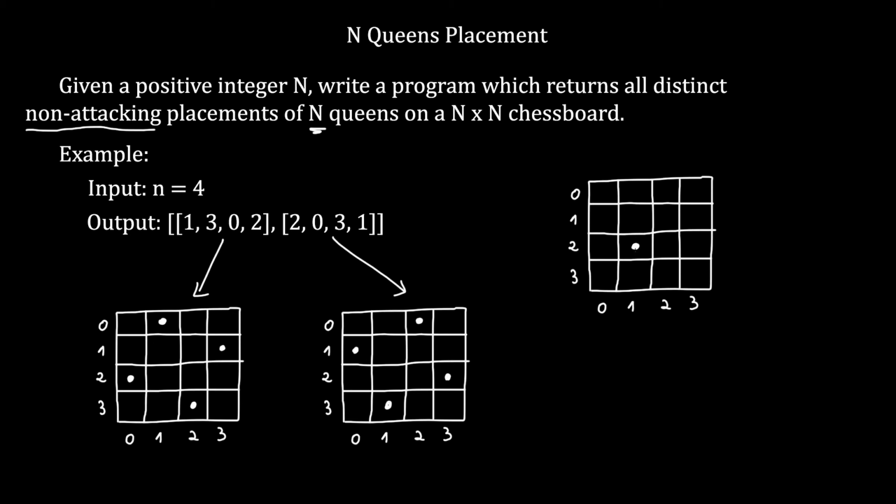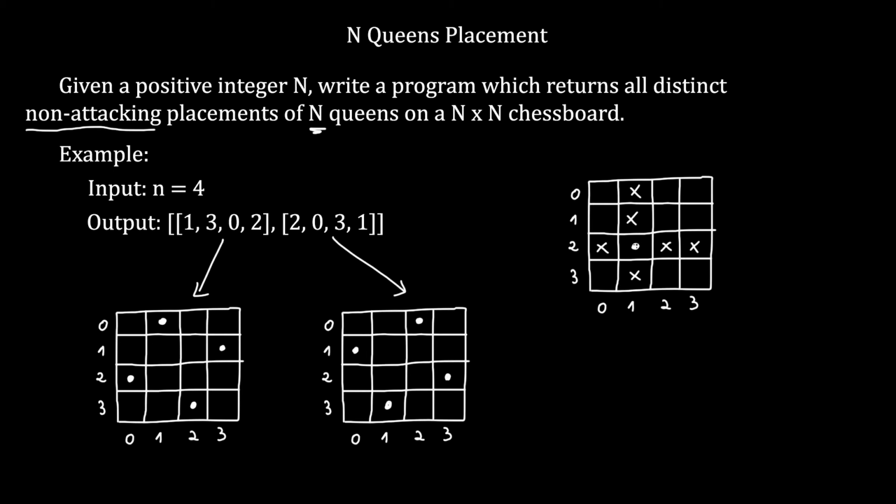So, the rule says that when you have a queen placed somewhere, this queen is going to attack each and every cell on the same column, right? So, it is going to attack these cells, each and every cell on the same row, so also going to attack these cells, and also it will attack each and every cell on the two diagonals, right?